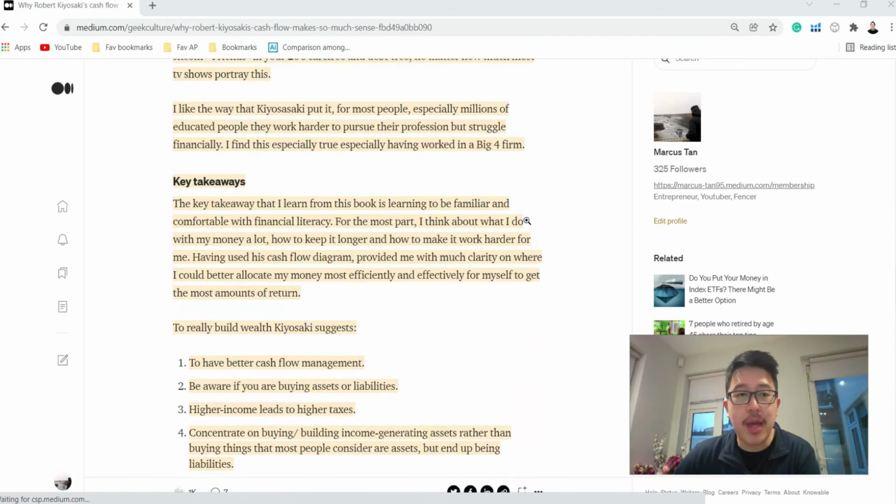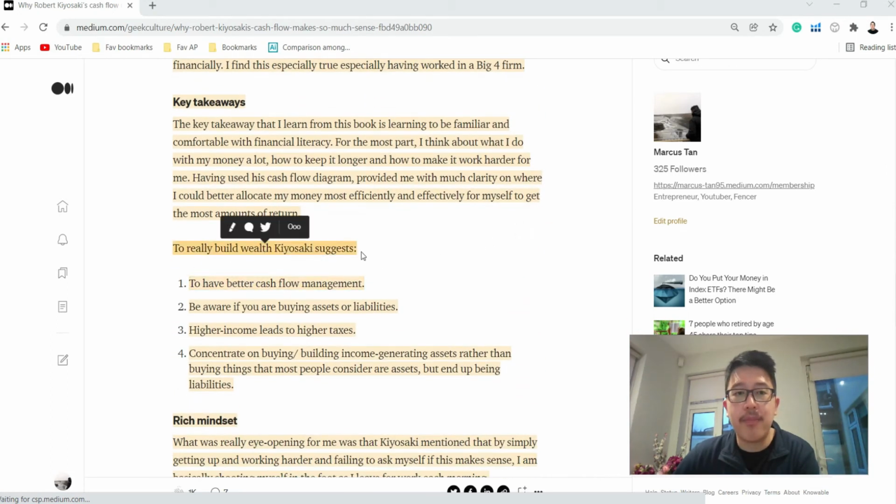So the way that you do that is basically to have better cash flow management. So this could be in the form of identifying where your money goes. So having a budget, keeping track of it, and also having a net worth statement, so that you know where you are currently and how you can work towards getting out of the red.